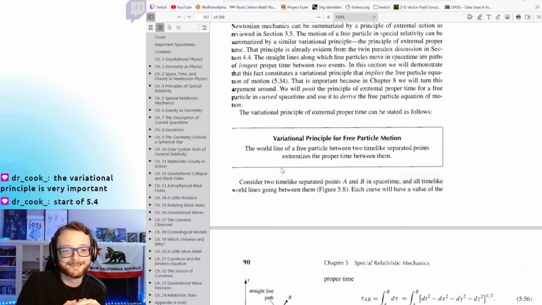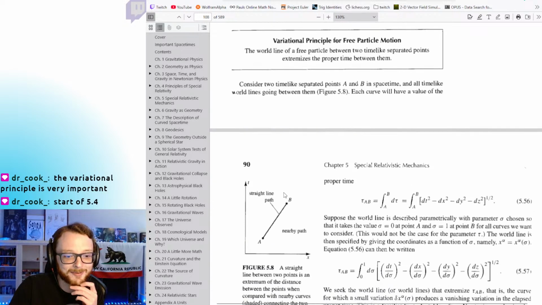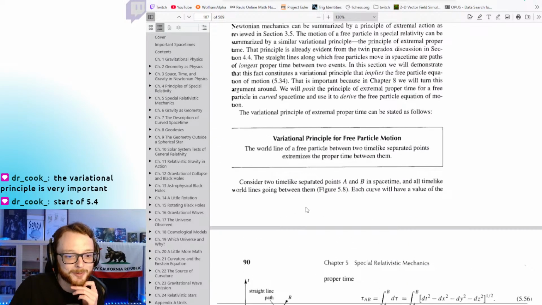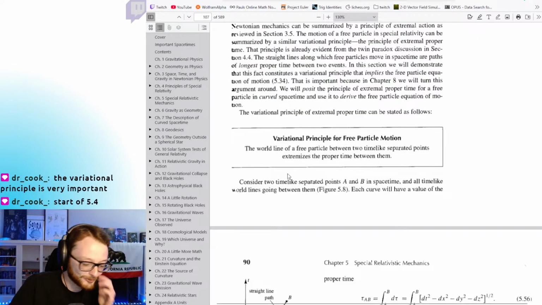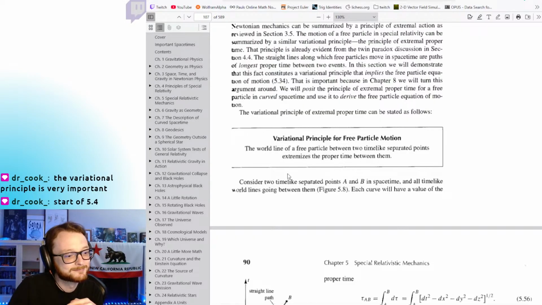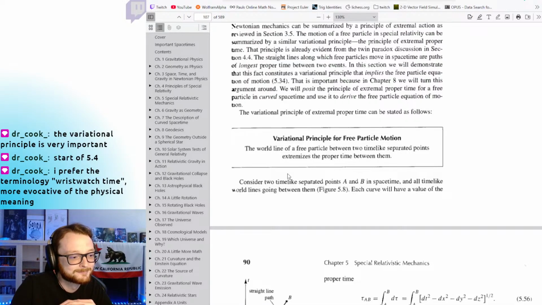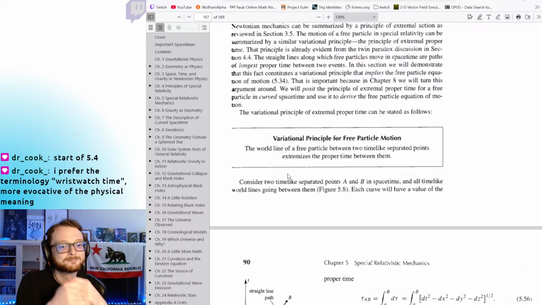I still have a hard time thinking about proper time when it comes to the space-time diagrams. It is just the length of the path, but I don't know, it's just weird. The other book, I was just about to say it, wristwatch time. Yeah, exactly. That's what Helliwell said as well, the phrase wristwatch time. When I read that in the Helliwell book, I was like, I think that's what Cook said, wristwatch time.